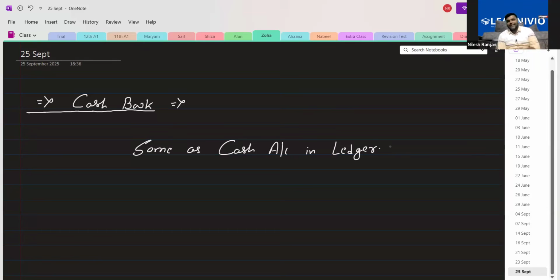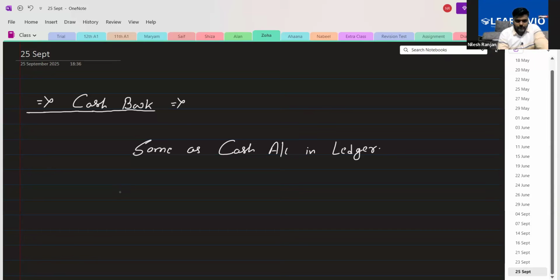Everything that we write in cash account will be written in cash book, or in the opposite direction, everything that we write in cash book will be written in cash account also. Okay, so all the receipts of cash will be on the debit side, and all the payments of cash will be on the credit side.